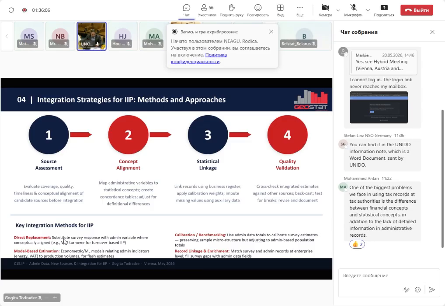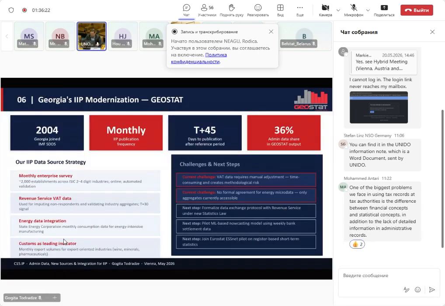I can say that in practice, most NSOs combine these approaches by industry. IIP should acknowledge this complexity and provide decision guidance. Current practice varies widely. Let me share Georgia's experience.